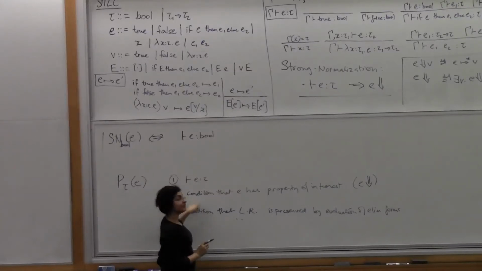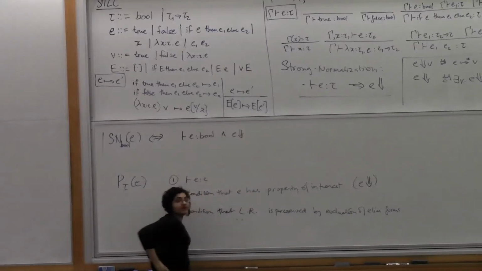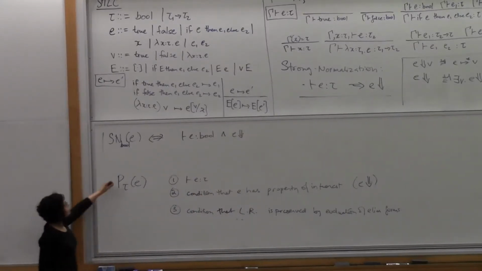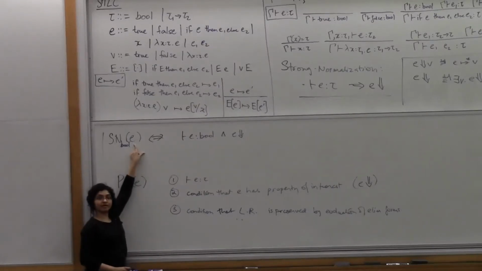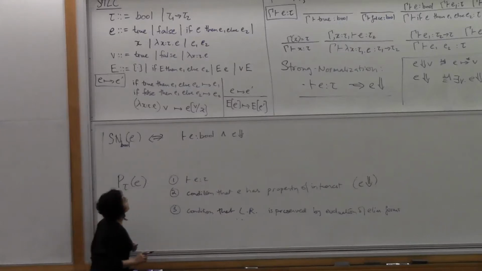If the E has the property of interest, so we want it to be the case that evaluation of E terminates. And by the way, here E is a closed expression, so keep that in mind for now. The relation that we're building is a relation on closed terms. It doesn't have any free variables. Okay, we'll generalize it to free variables later. All right, so that's condition two.